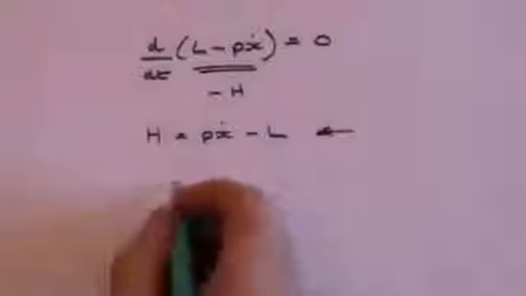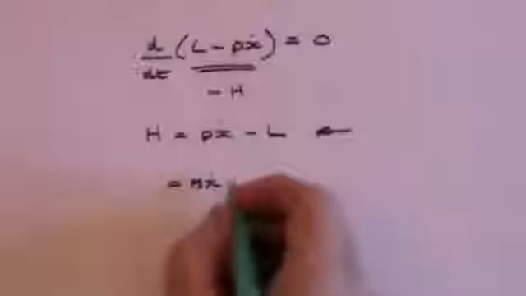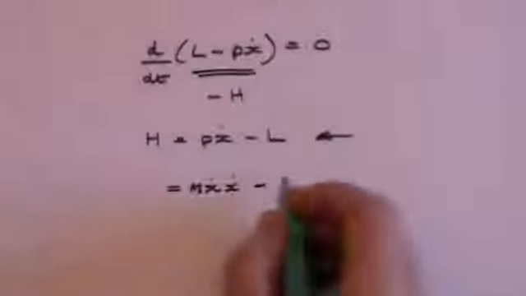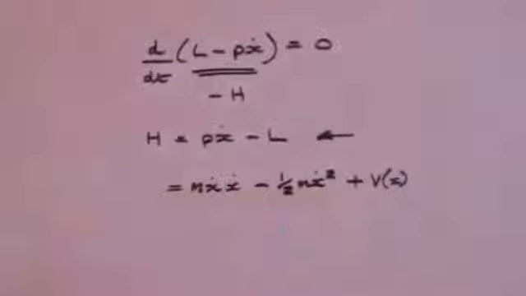But what is a Hamiltonian? Well, let's just multiply it out. What is p? Momentum. What is momentum? Mass times velocity, or mass times x dot, times x dot, minus the Lagrangian. What's the Lagrangian? That is kinetic energy minus potential energy. The kinetic energy is half m x dot squared, or half m v squared, minus the potential energy, but you've got a minus here, so that becomes plus the potential energy, which we'll represent as V(x).